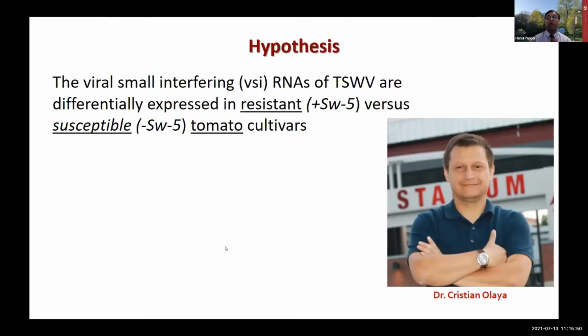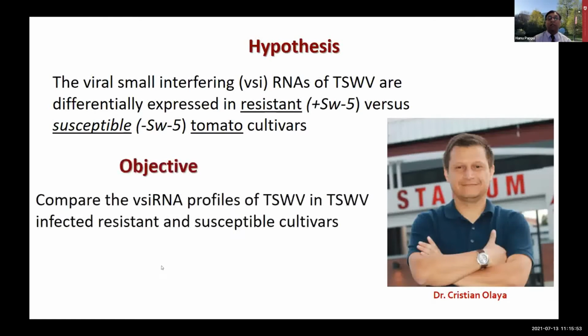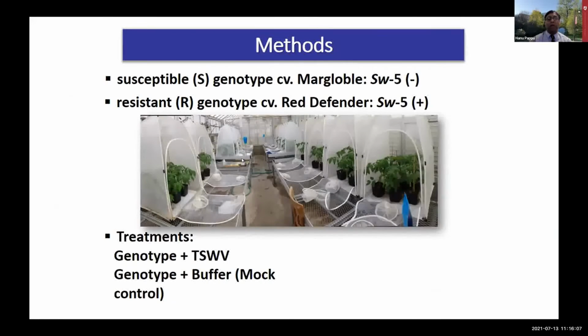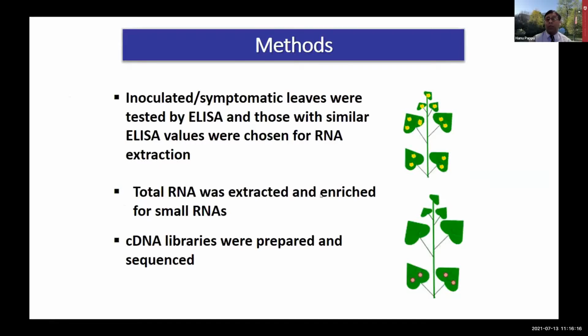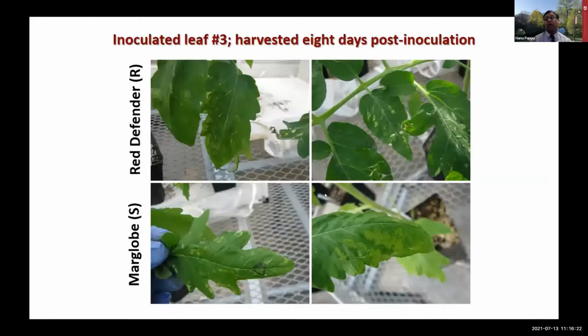This is work done by my former PhD student, Christian Olaya. He compared the small RNAs that are produced in response to host defense in resistant and susceptible cultivars. Essentially, two varieties were inoculated with TSWV under controlled conditions, RNA was extracted, cDNA libraries were prepared, and then high throughput sequencing was used to sequence the entire cDNA library from each of the resistant and susceptible varieties.